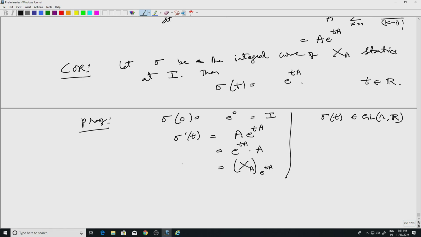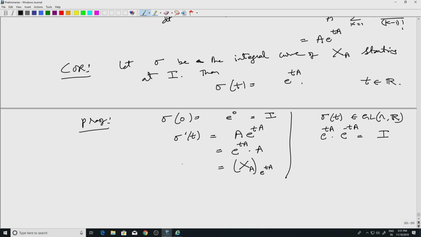We know that the exponential exists, I mean the power series converges for every t, but it may give rise to a matrix in just MnR which may not be invertible. So I want to ensure that I stay inside GLnR. And that's because I can explicitly write the inverse: e to the power ta times e to the power minus ta equals identity.